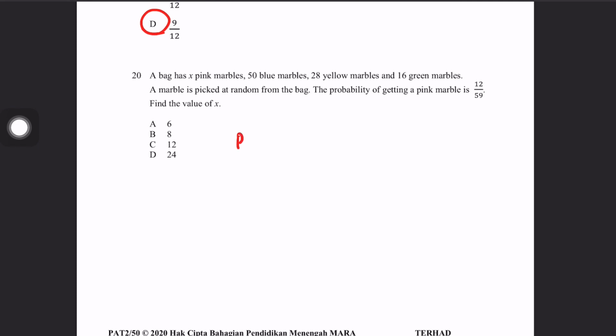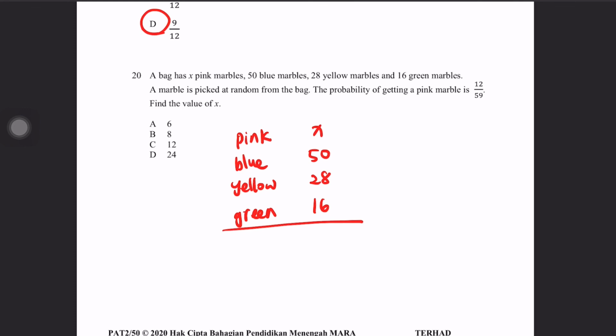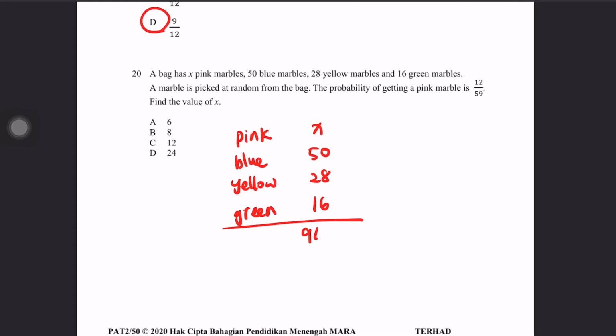So we have pink X, blue 50, yellow is 28, green is 16. So we have the total of marbles are 50 plus 28 plus 16. So 94 plus X.